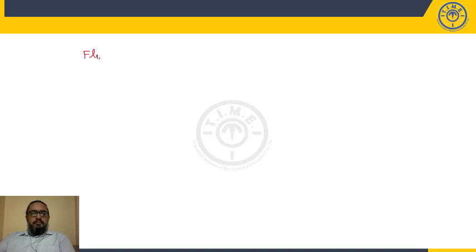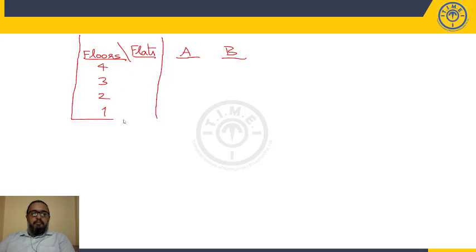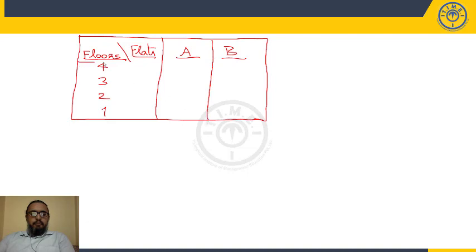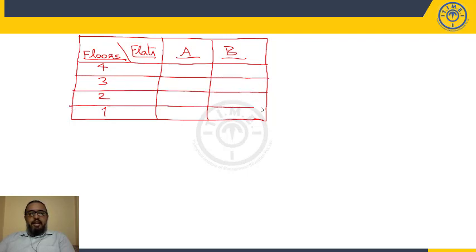So we can consider floors 4, 3, 2 and 1, and then we have flats, flat A and flat B. So this is how the arrangement will be. Flat A is to the west of flat B. Each floor has 2 flats and you have 8 persons. So this is how the arrangement is.